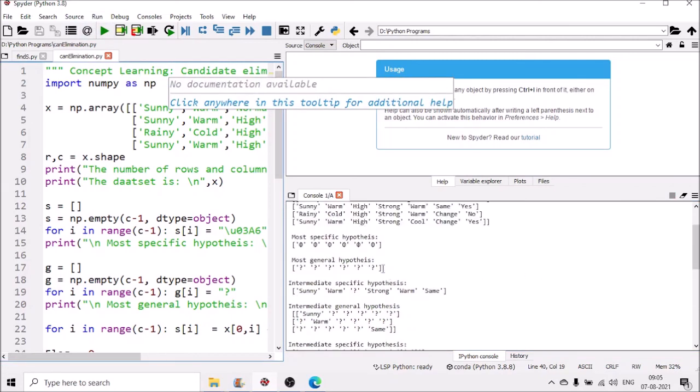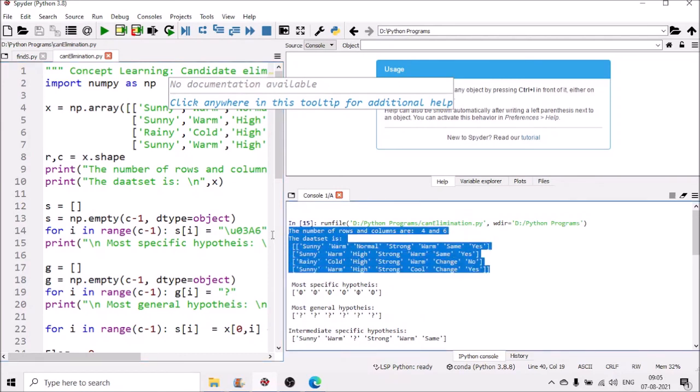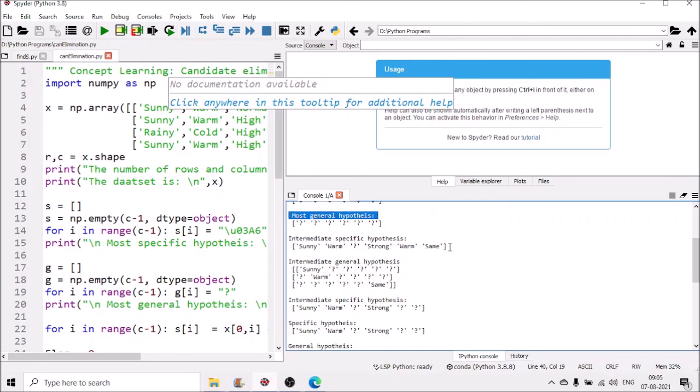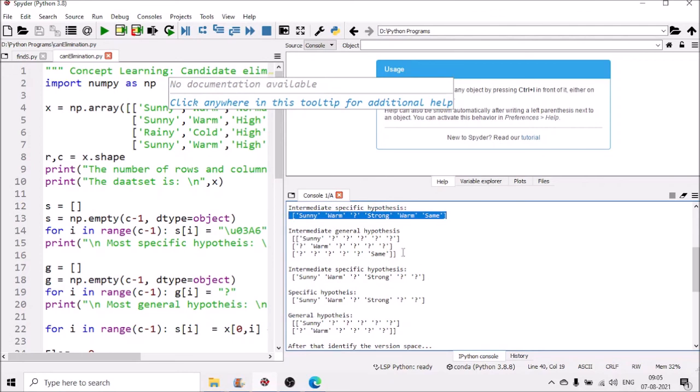So this is the data set, number of data 4 and 6. This is the more specific hypothesis, the more general hypothesis. Now it will print the intermediate specific hypothesis and the intermediate general hypothesis. We can see sunny, warm, and same.